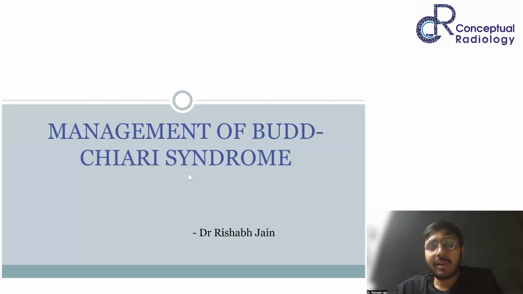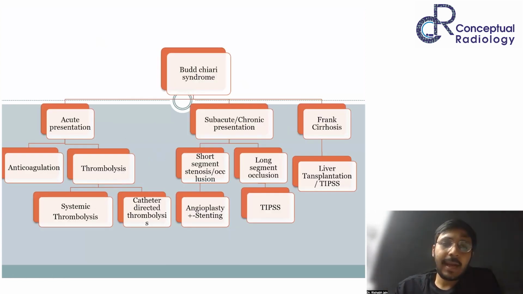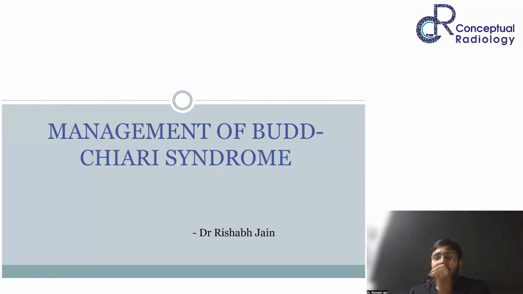So we'll start with management of Budd Chiari syndrome. Just a brief recap on the last class: when we were doing the imaging of Budd Chiari syndrome, what were we looking at? Number one, whether it is an acute or a chronic disease.